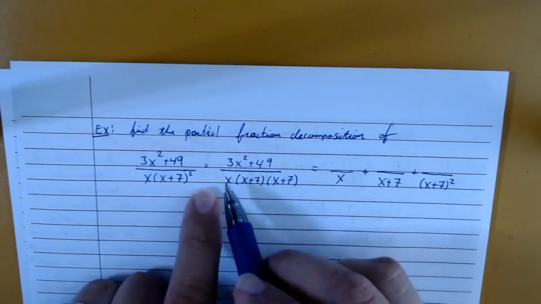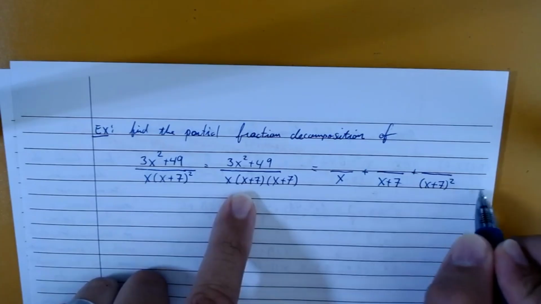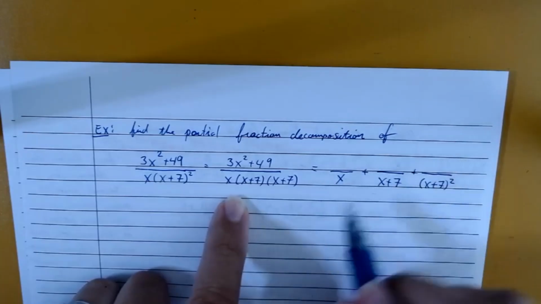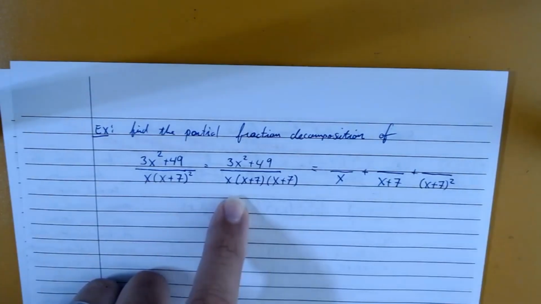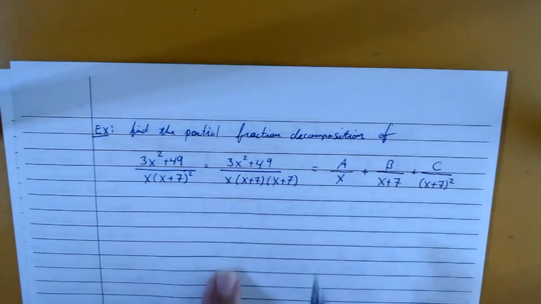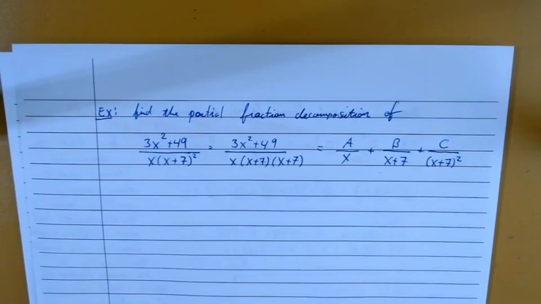So if you have, for example, x plus 7 to the third power, then you'd have one more of those. So here that's a mix of case number 1 and case number 2. But in both cases, your numerators are constants. So in this case, all three of these are going to be constants anyway. So that is a mix of both situations.